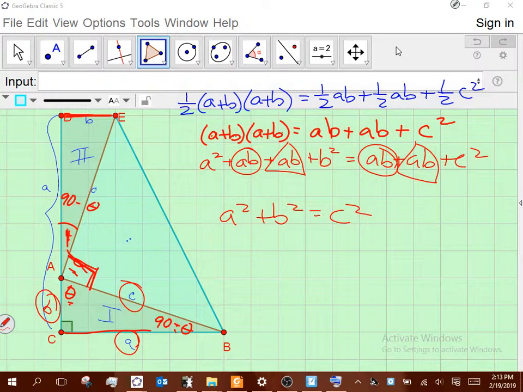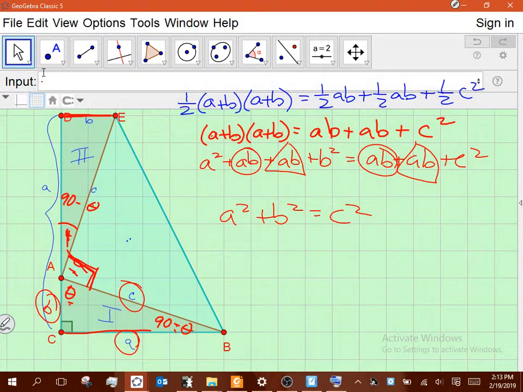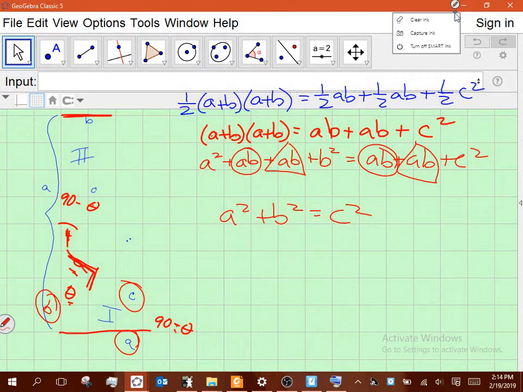There are, I believe, approximately 79 different ways to prove the Pythagorean theorem to be true. 79 validated reasons. Okay. Now, what I want to do just briefly in the next 10 minutes is talk about a special type of right triangle and the Pythagorean theorem.